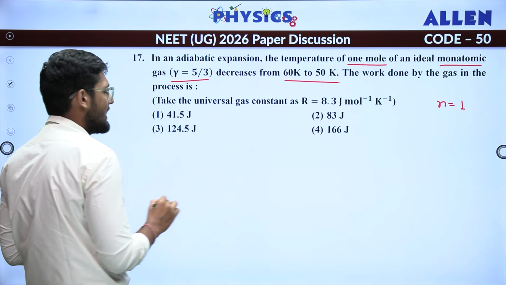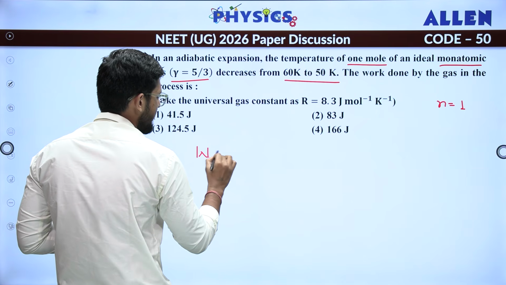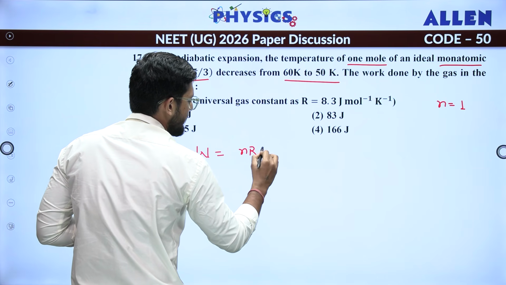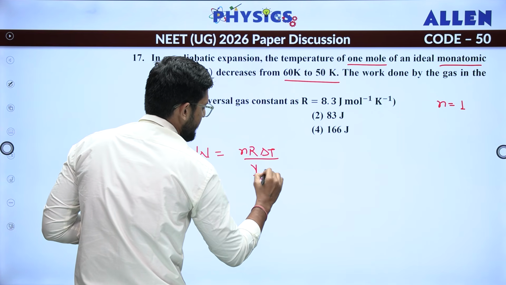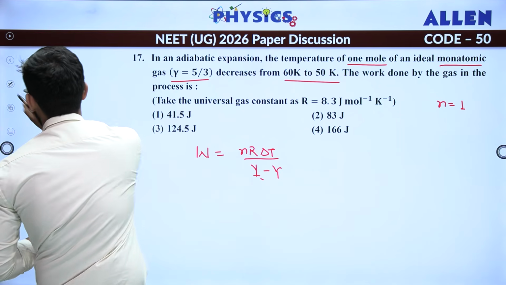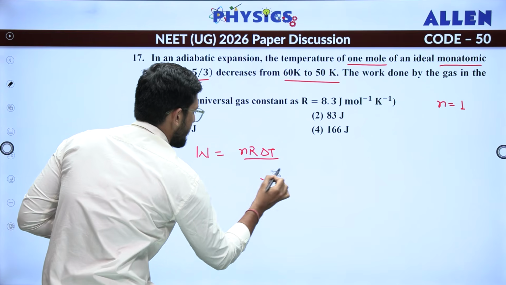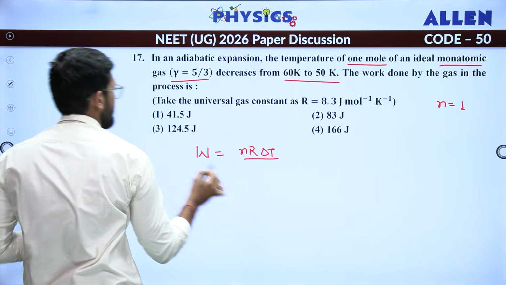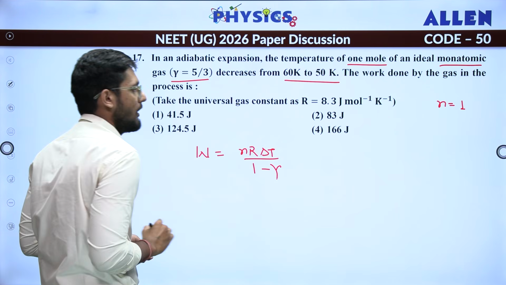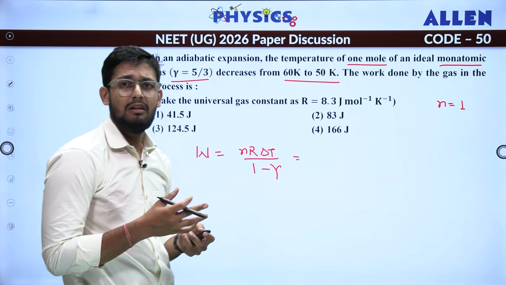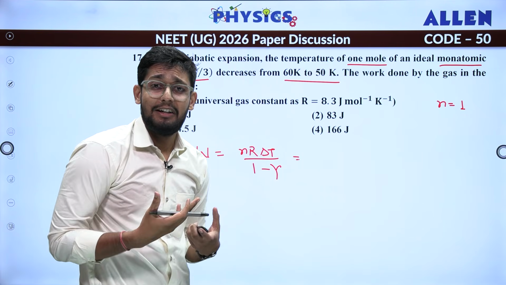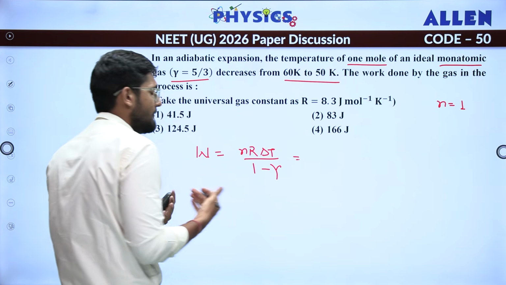The work done by the gas will be NR delta T divided by 1 minus gamma, right? When you write this, I just want the magnitude part. I don't need to bother myself with the sign of this.